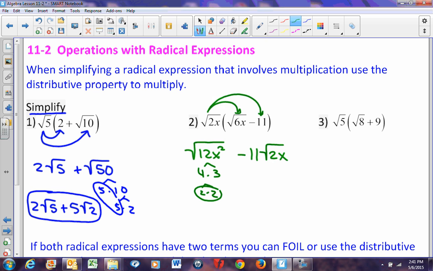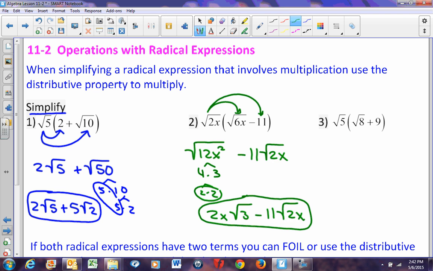So I have 2 square roots of 3, but I have 2x, because I can take out one of my x's. Square roots of 3 minus 11 square roots of 2x. I cannot combine anything else, so I just have to leave it as 2x square roots of 3 minus 11 square roots of 2x. Interesting looking numbers when you're done.